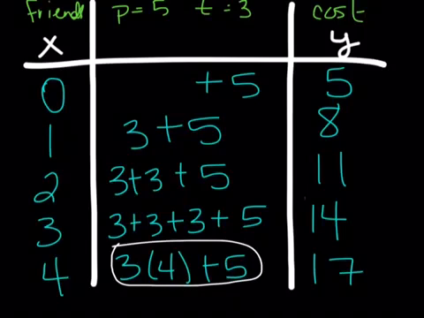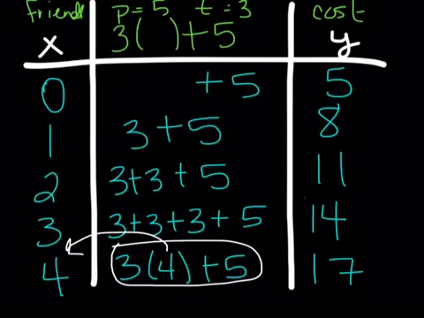I took my 4 from my x column. So, all I had to do was, let me get a different color, 3 times something plus 5. And we said we got our numbers from our x column. So in this case, it's just 3 times x plus 5.